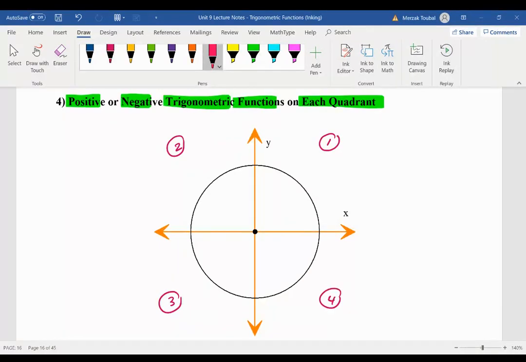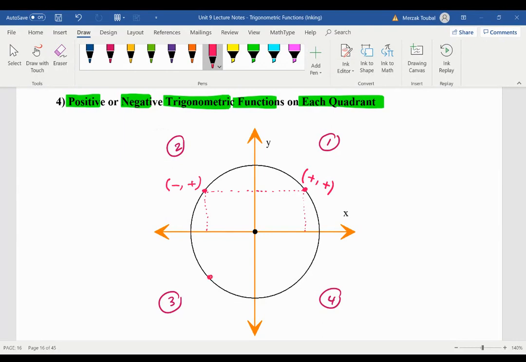In quadrant 1, if we pick a point on the circle, so I take this point here, we know that the x coordinate of this point is positive, and the y coordinate is also positive. If we pick a point in quadrant 2, then the x coordinate of this point is negative and the y coordinate is positive.